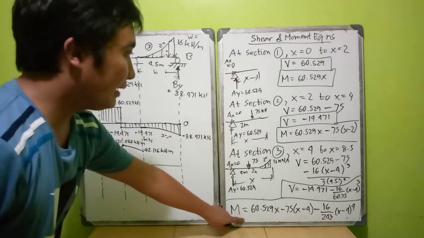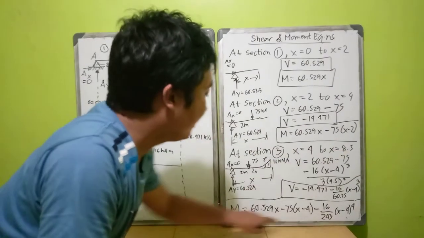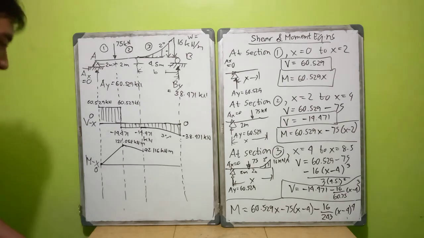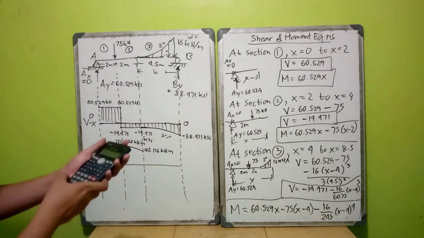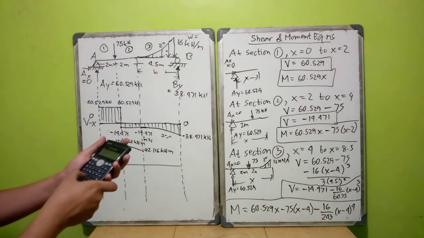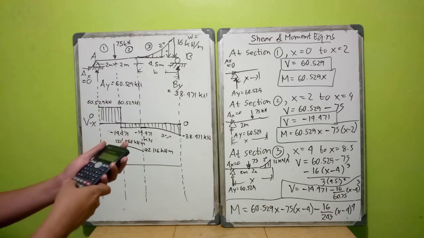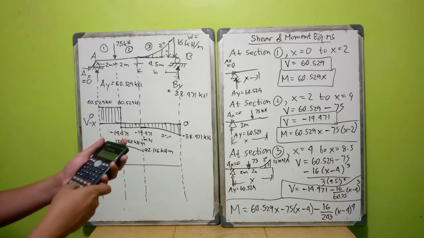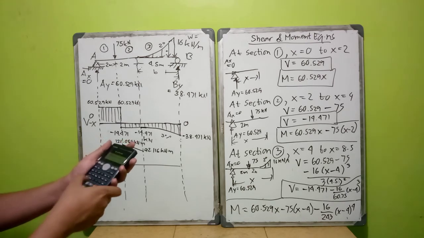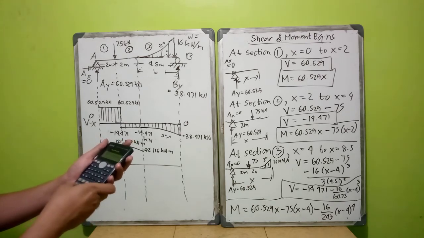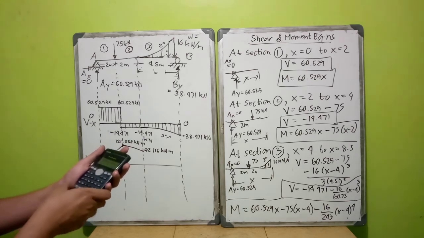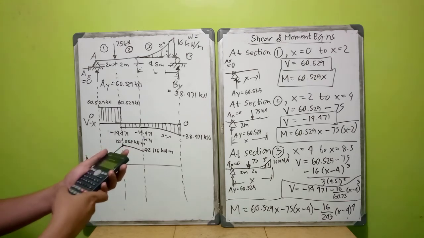So we substitute 8.5 here. If it is 0, then it is valid. Let's try. 60.529 times 8.5 minus 75 times (8.5 minus 2) minus 16 divided by 243 times (8.5 minus 4) to the power of 4.